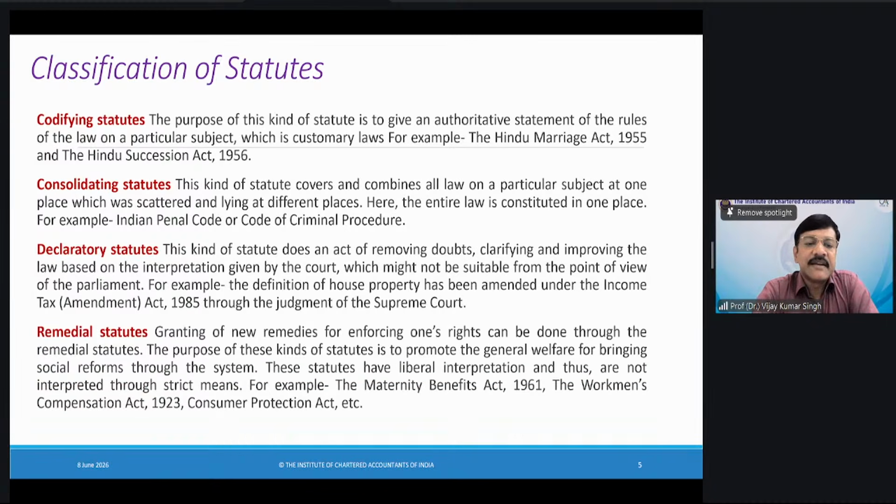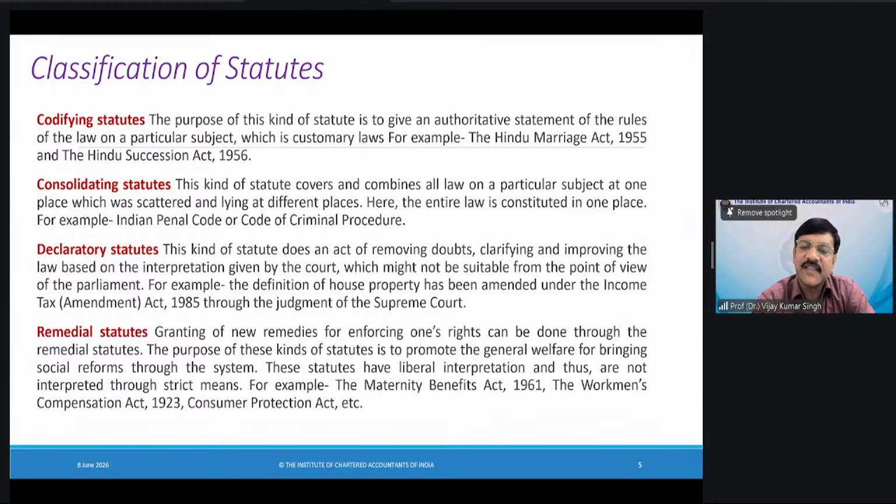Then there are remedial statutes. Remedial statutes are statutes which provide for a certain remedy, or are made for promoting the welfare of people. The nature of a remedial statute is such that whenever it is interpreted, the court would be liberal and lean towards welfare.